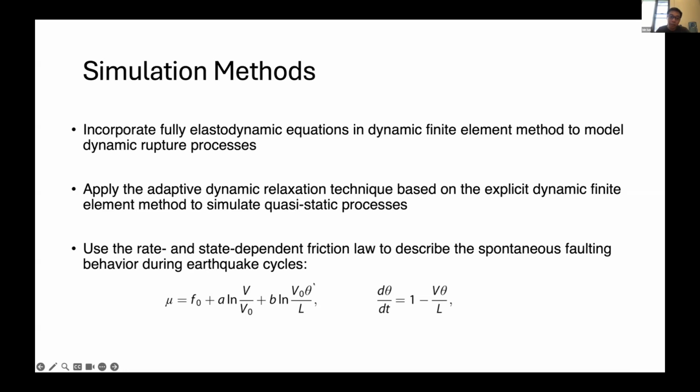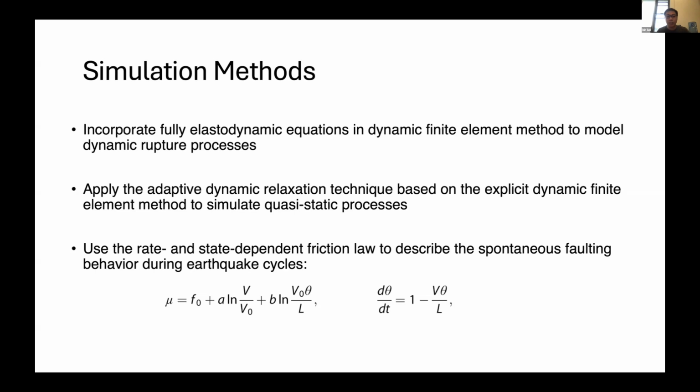And the parameter theta also evolves according to the so-called aging law, or there's another law which is called the slip law, which can also describe the evolution of the state variable. If you look at the literature, there are a number of different mathematical forms of these rate and state friction laws.